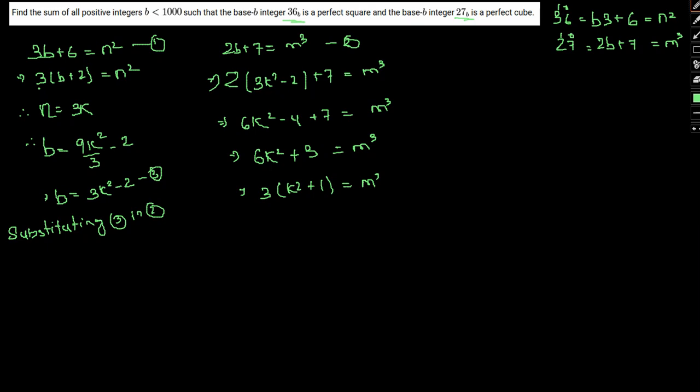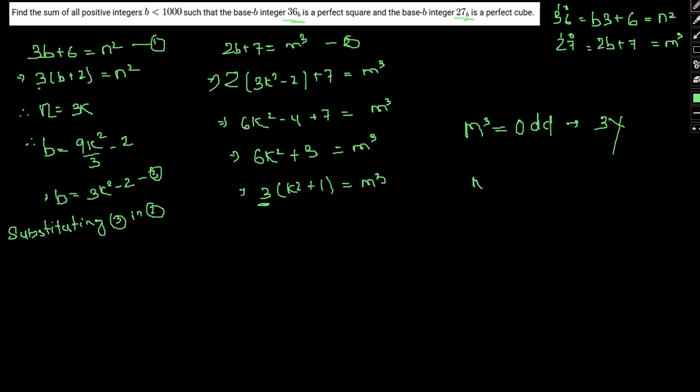Now again we can see m is a multiple of 3, and m cubed here will be odd, since it's a whole cube. So m has to be odd and a multiple of 3, so let me write 3x in general.